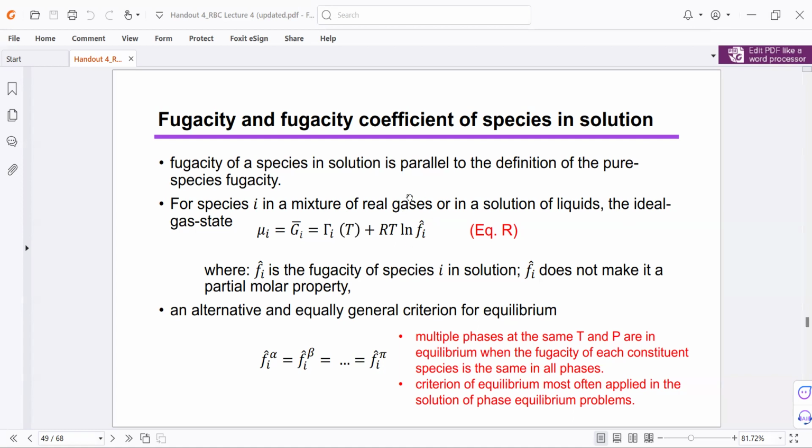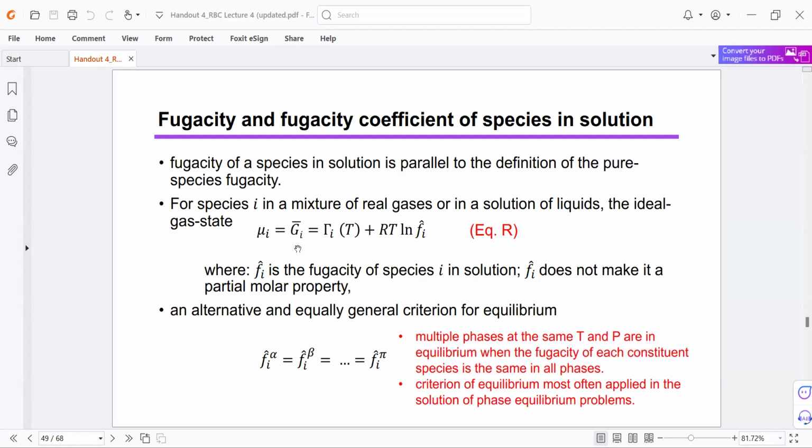This one is partial pressure. For a real gas, it's the same equation, but this time we replace the partial pressure inside the natural log with the fugacity.